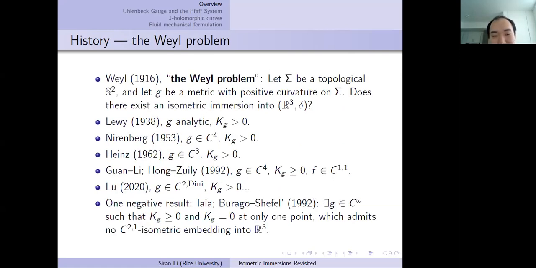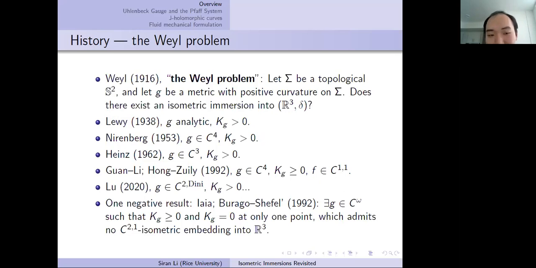I'll also briefly summarize the history of several aspects of the problem. Let's first focus on the Weyl problem, which was proposed by Hermann Weyl in 1916. The problem is very classical: if Sigma is a topological two-sphere equipped with a metric g with positive curvature, does there exist an isometric immersion into R^3?